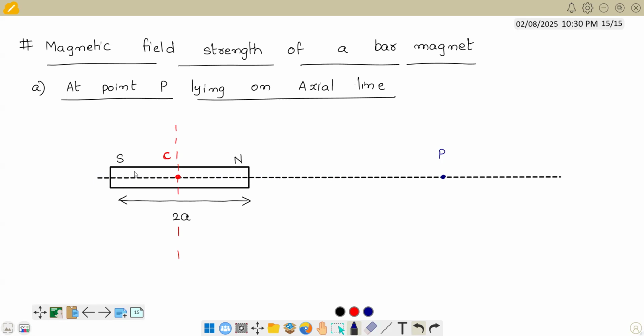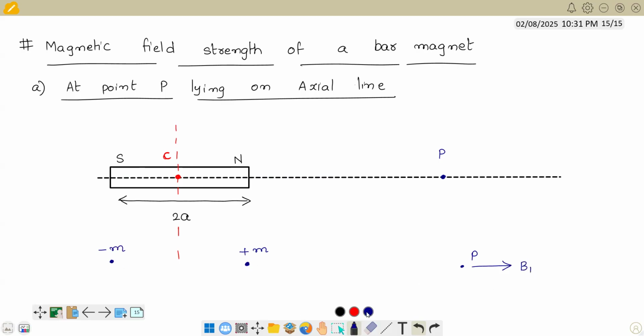I can redraw this entire diagram as: there is this plus M, there is this minus M, and there is a point P. This plus M will try to repel, that means it would apply a field B1 in this direction.